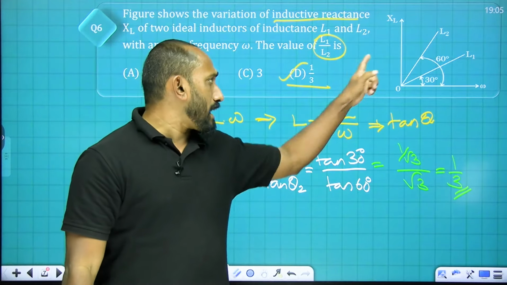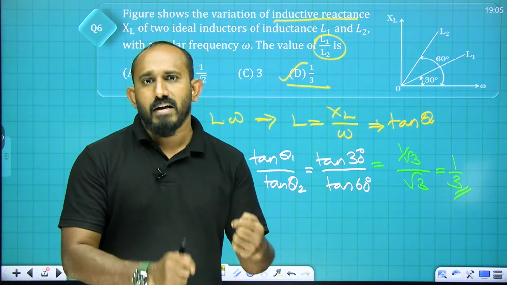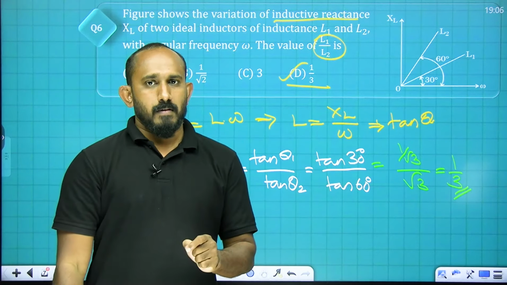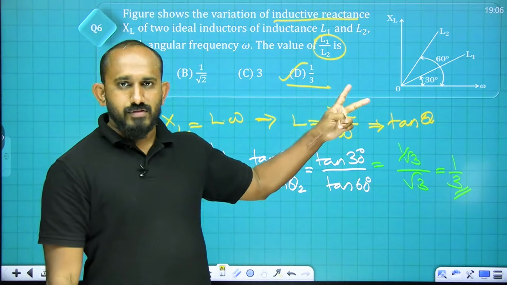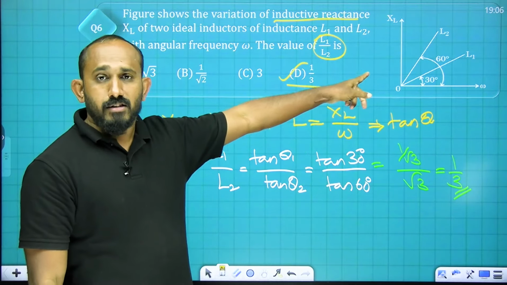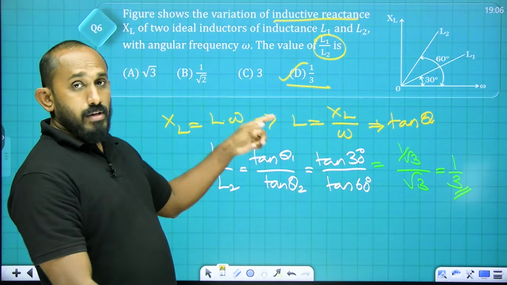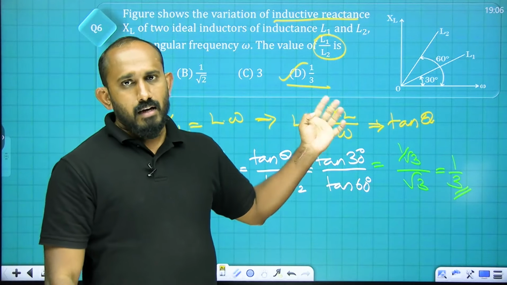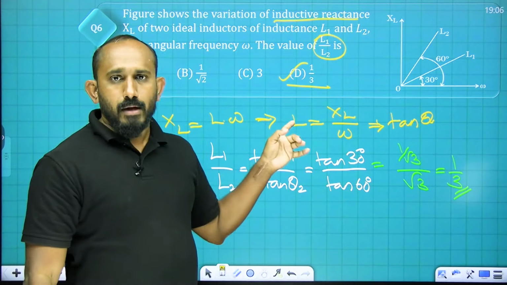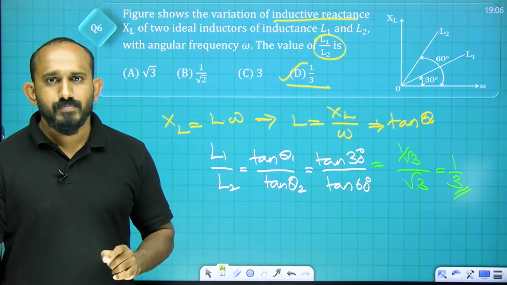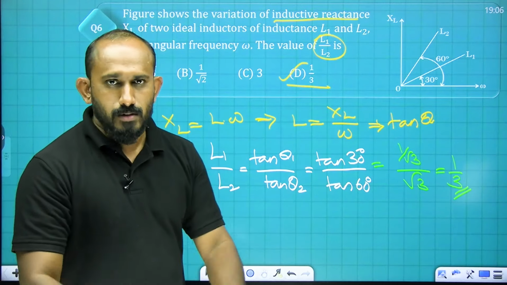The slope of the XL omega graph gives you the inductance. Here two graphs are given, L1 and L2, and the angles are given, so we directly got it. It is an ideal inductor, hence of course L and omega are the only factors on which it depends. Hope you got it? Let's go for the next question.